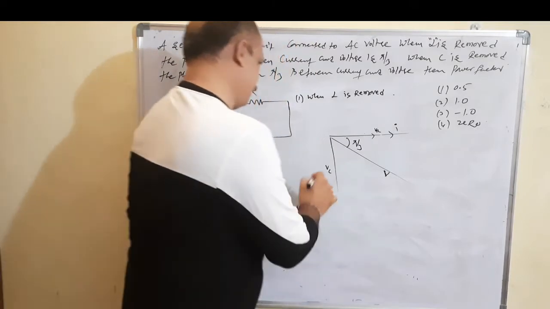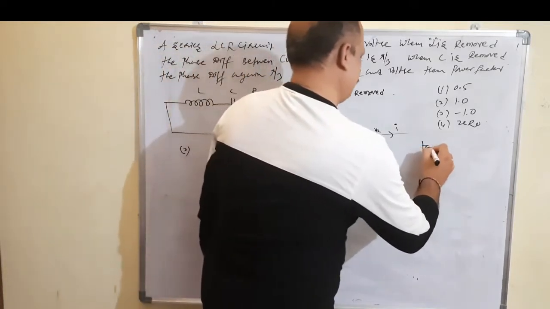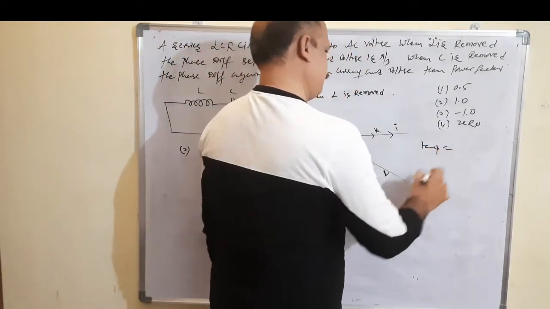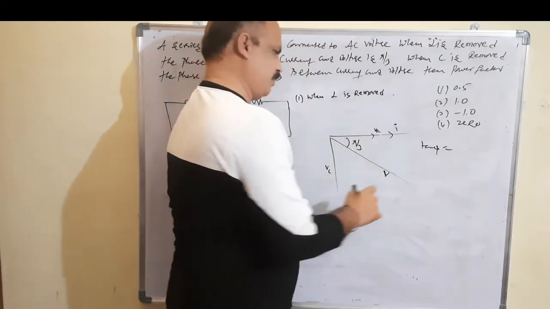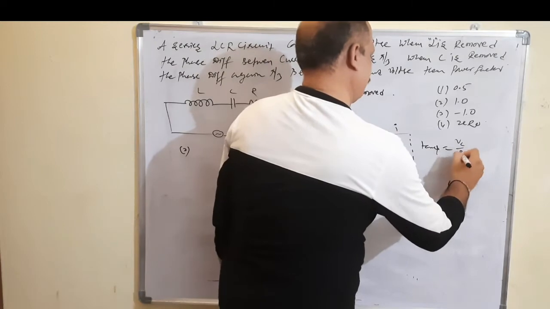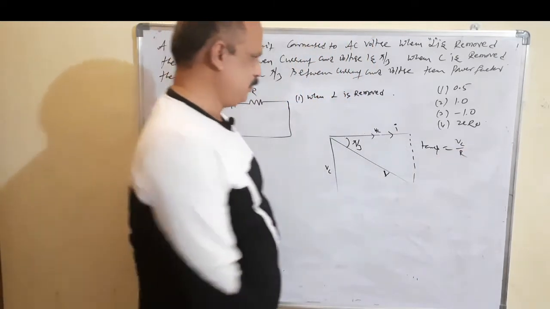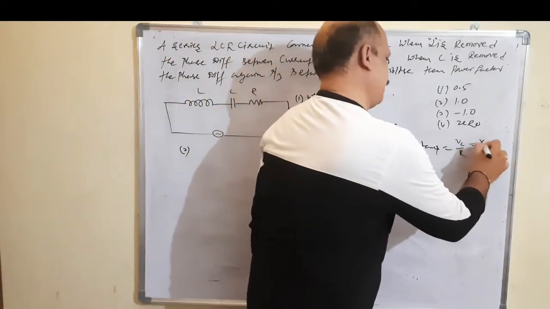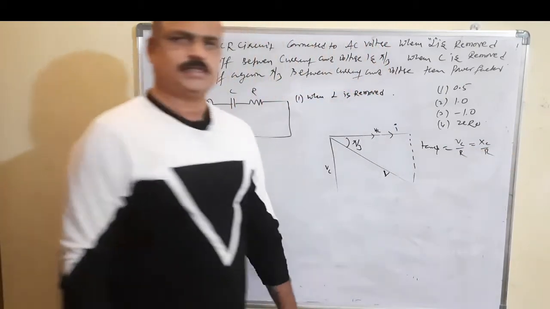Now we write tan phi is equal to VC by R. In terms of reactance, we write XC by R.